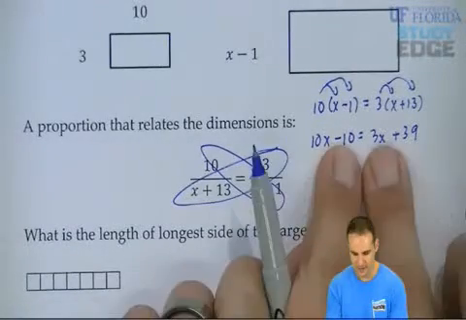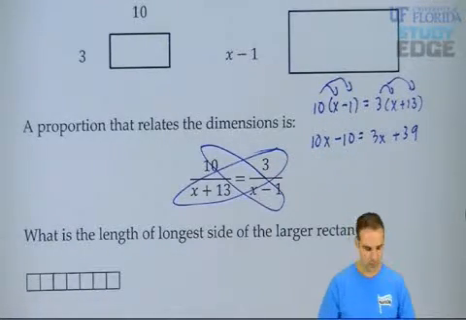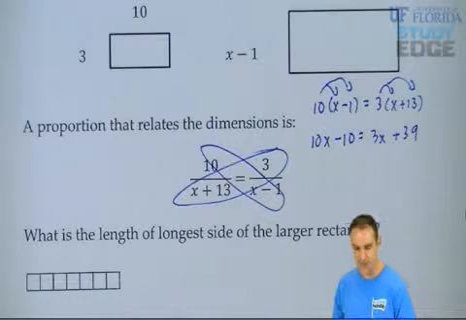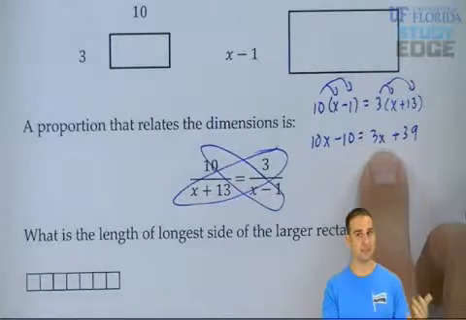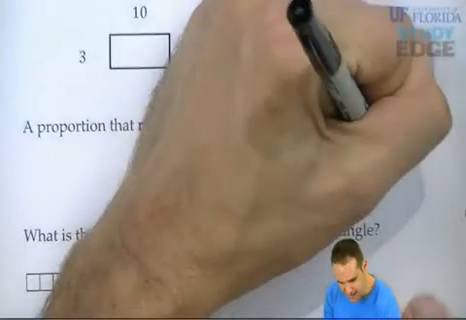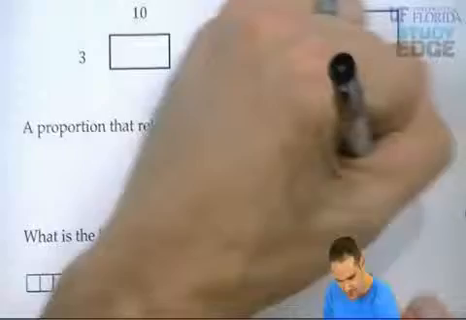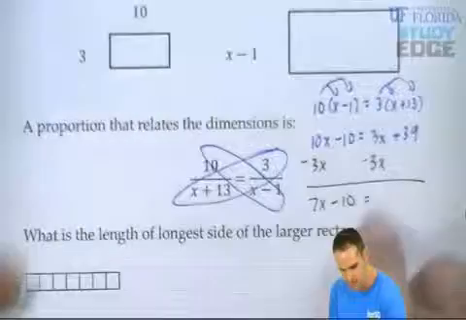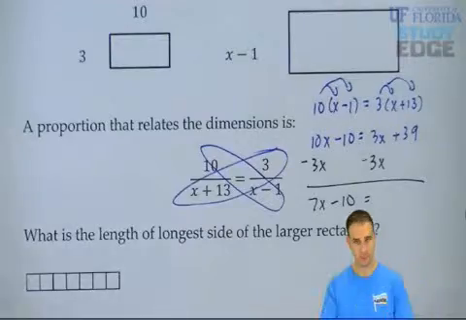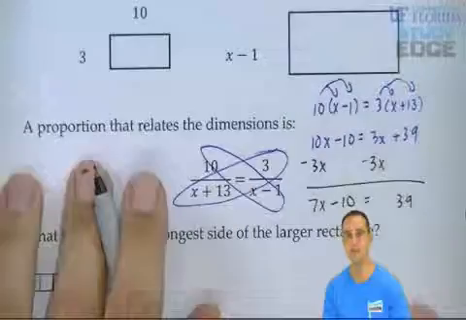No like terms to combine on either side of the equals sign, so from here, let's get our variables to one side, our constants to the other. I have a 3x, and the inverse of adding 3x would be subtracting 3x from both sides. 10x minus 3x is 7x, minus 10, 3x minus 3x is 0, simplified, equals 39.